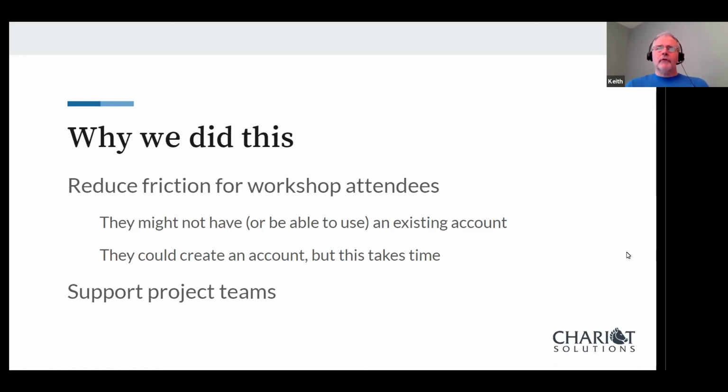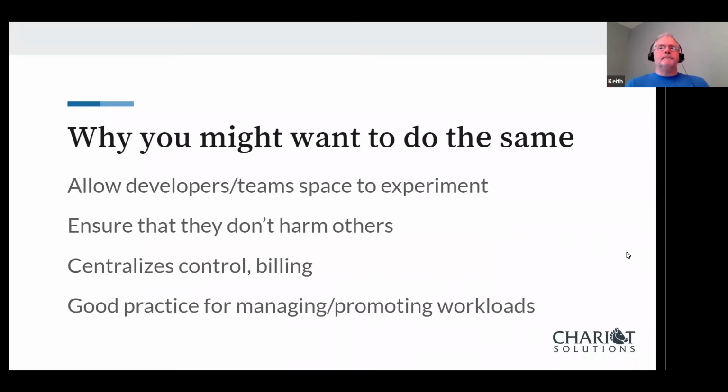After doing this for the workshop, we also found it became a very useful thing to support our project teams, which is why you might want to do this. So I think one of the great promises of the cloud is that it allows developers and teams space to experiment.